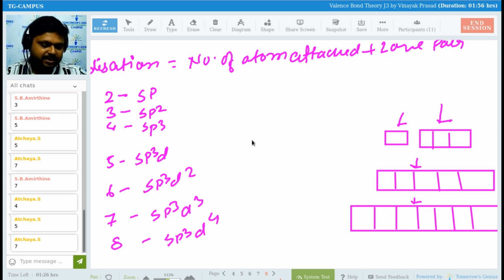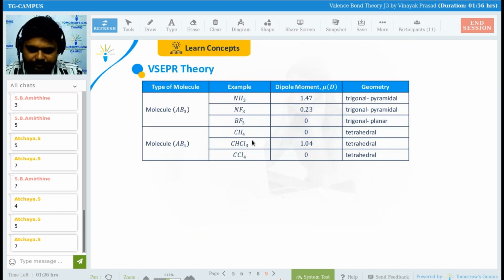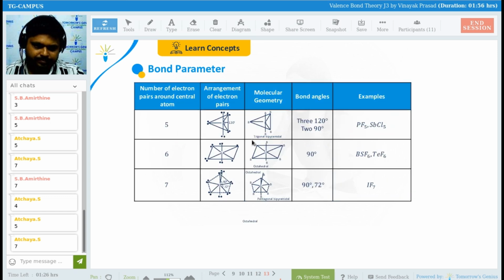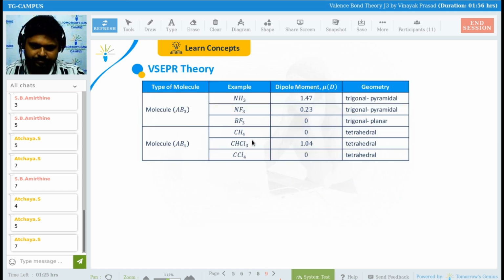That is, in case of, let's suppose, AB2 type. Here there is also an example. Just a minute.